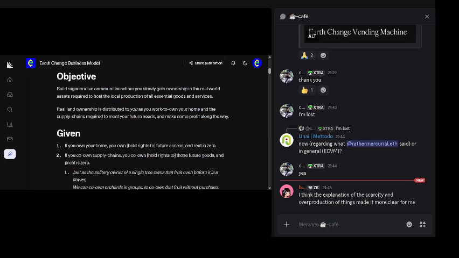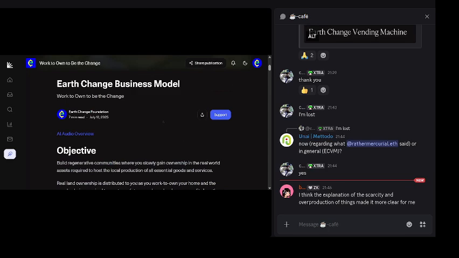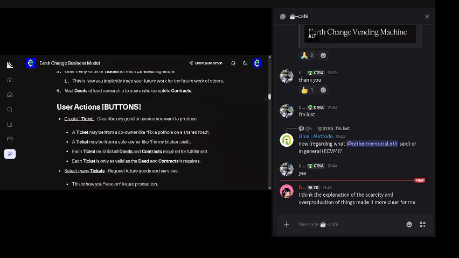Okay. Actually, this document that I opened here, called the business model, makes it more clear that the coin is an optional funding mechanism.